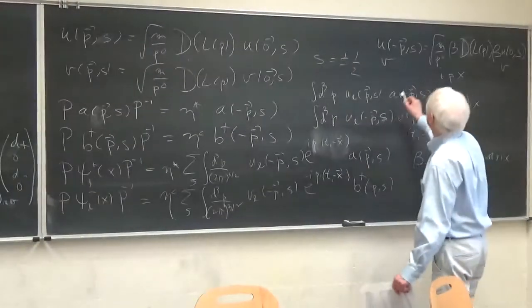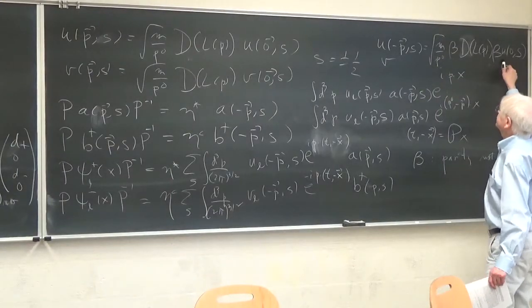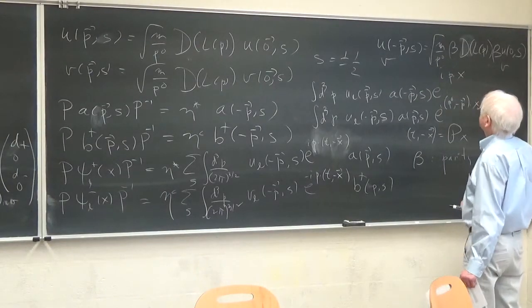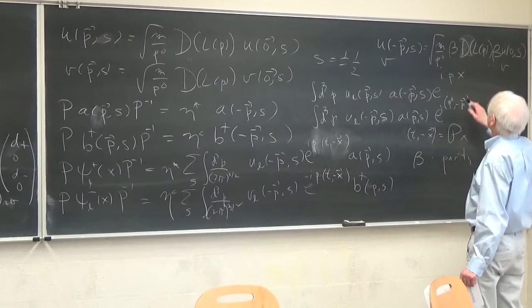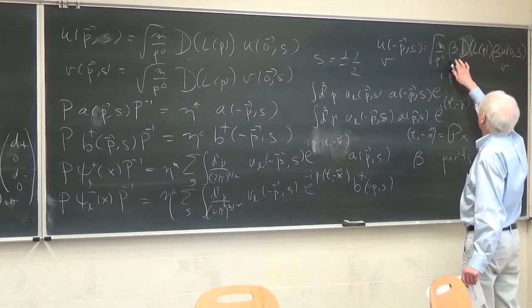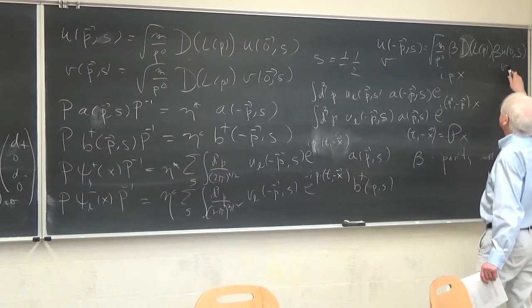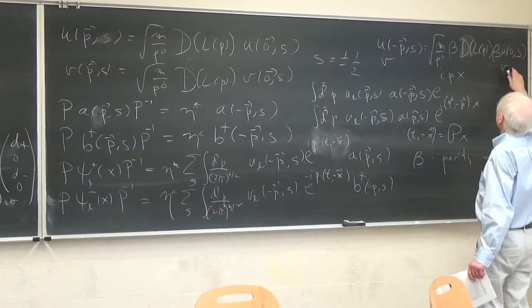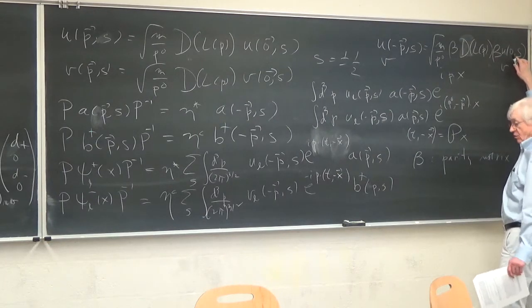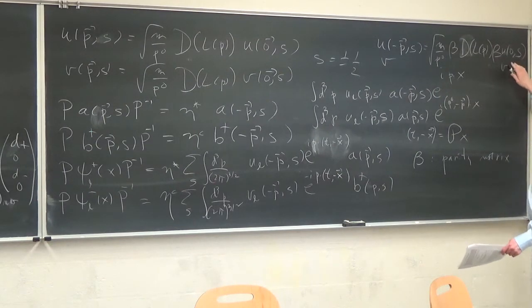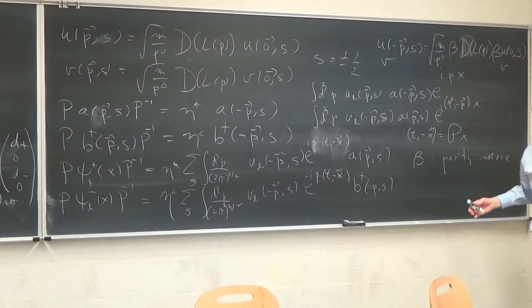U of minus P is this. And what will this be? Well, this will be beta U of P if beta U of 0 is simply related to U of 0.